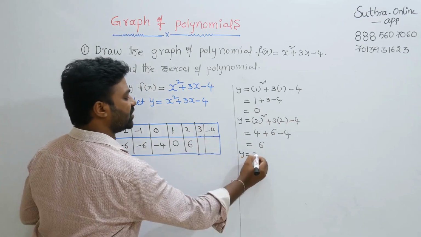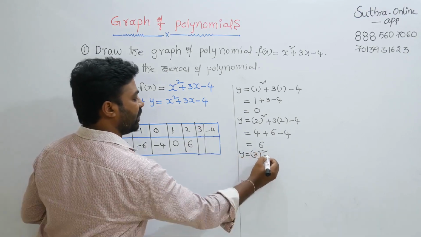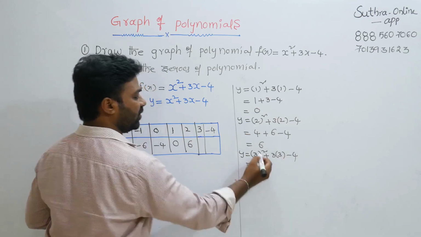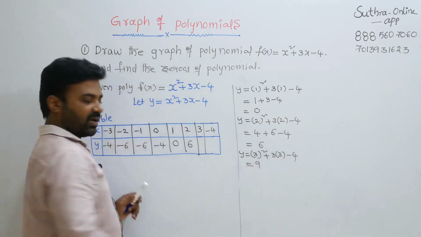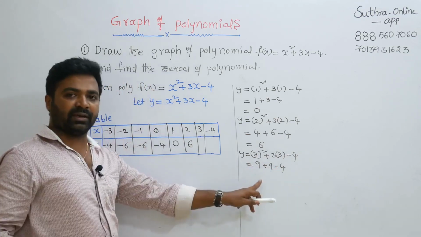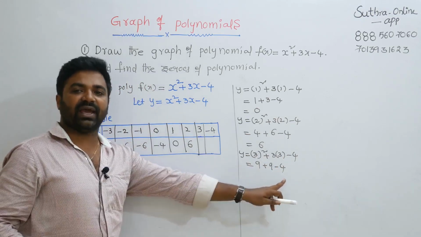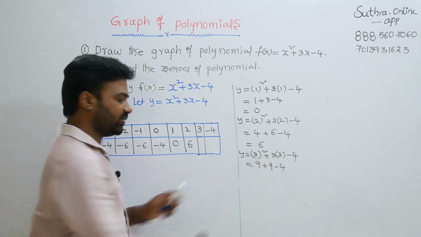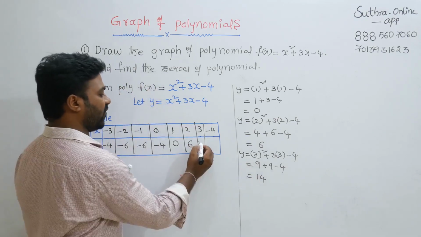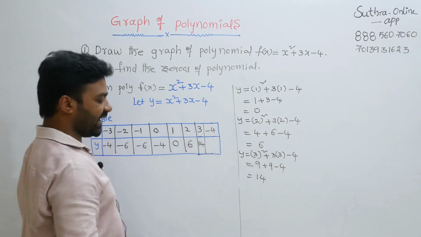So y is equal to 3 square plus 3 into 3 minus 4. Now 3 square is 9. 3 into 3 is 9, minus 4. So 9 plus 9 is 18. 18 minus 4 is 14. So x is equal to 3, y equal to 14.